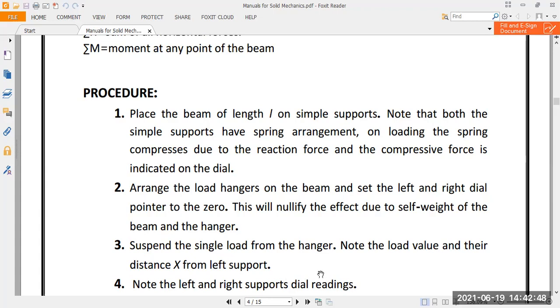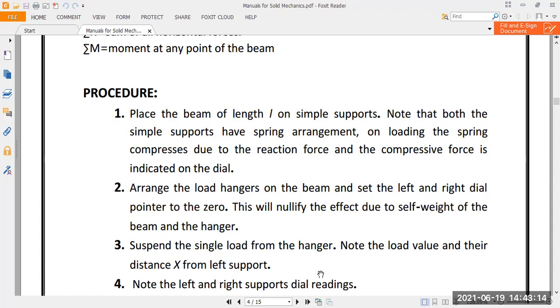If it is an electronic digit, then it is very easy, simply push the 0 value. If it is a manual machine, we have to rotate the dials and make them equal to 0. So here we are nullifying the weight of the bar as well as the weight of the hanger carrying over the machine itself.